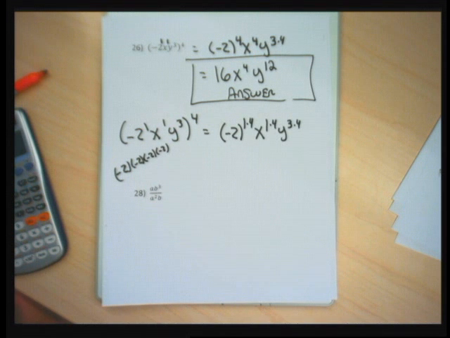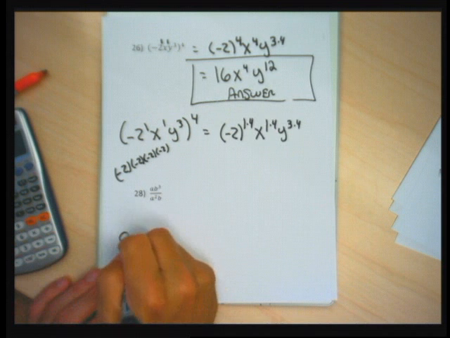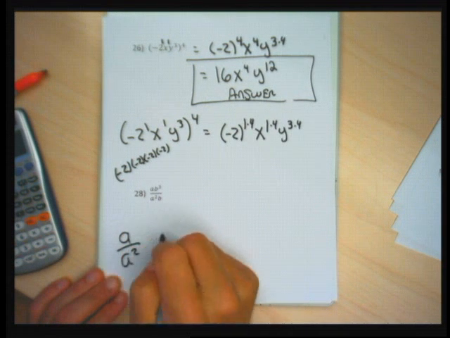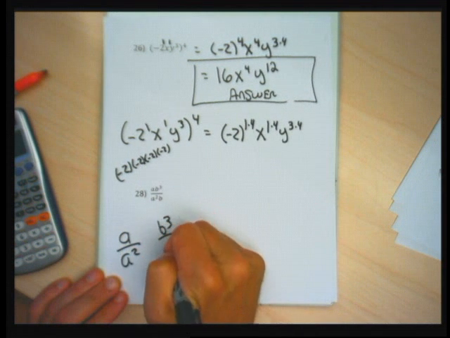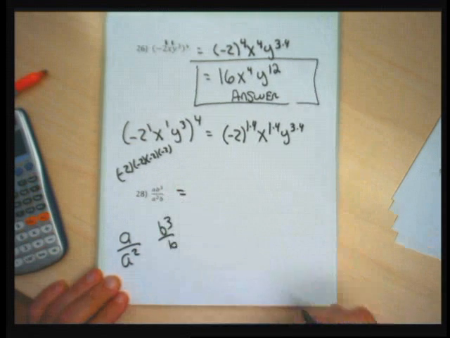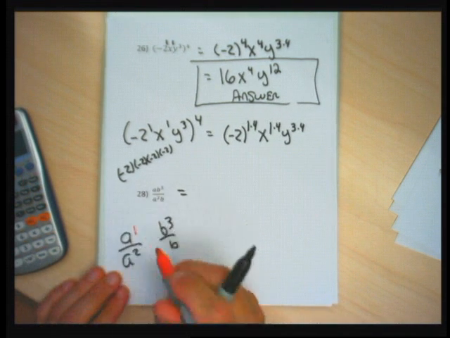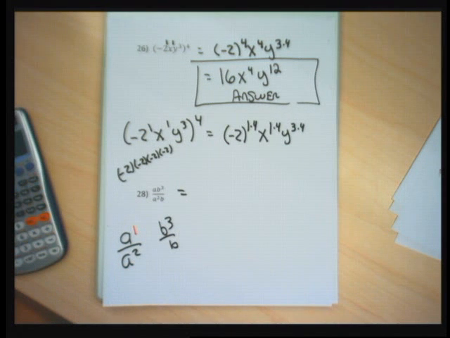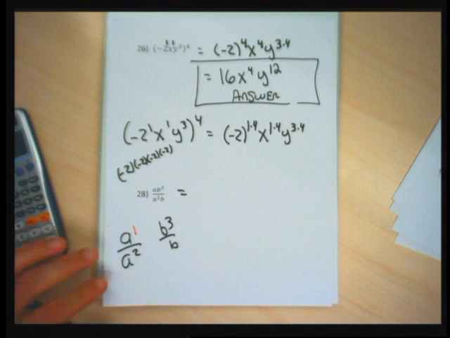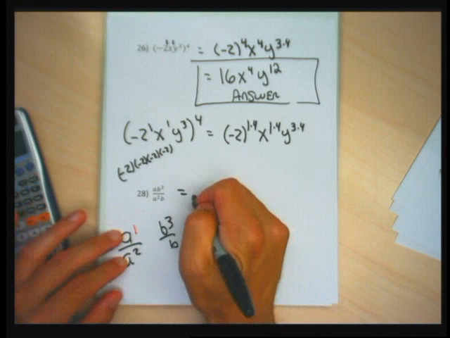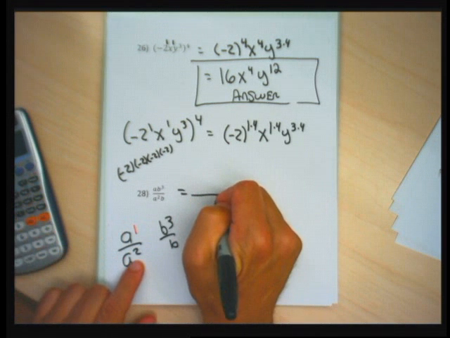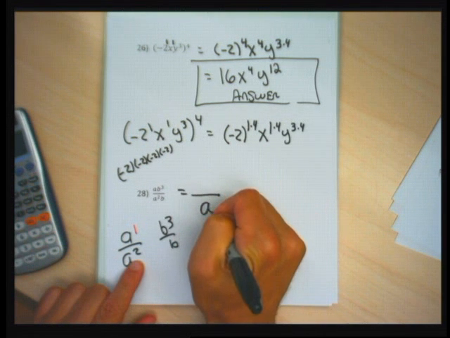28's back to the dividing with the same bases. So in 28, I'm going to reduce the a over a squared and the b cubed over b and write them in one fraction. For the a's, I'm subtracting the exponents on the letters. The letters have exponents of 1 and 2. I'm going to subtract the exponents on the a. Because the bigger exponent is in the denominator, I'm going to leave the a in the denominator.